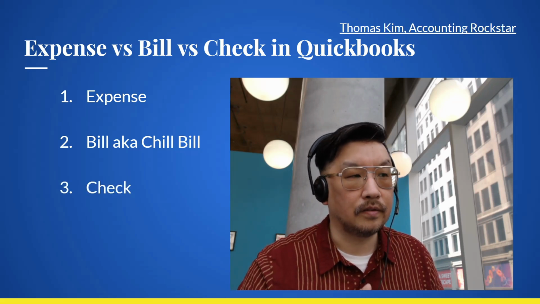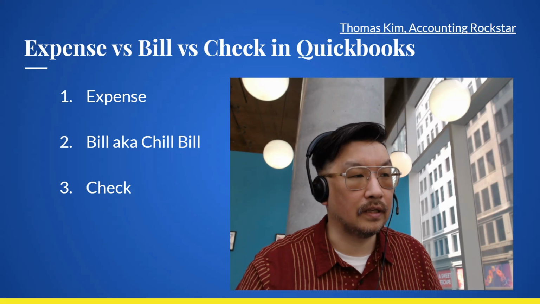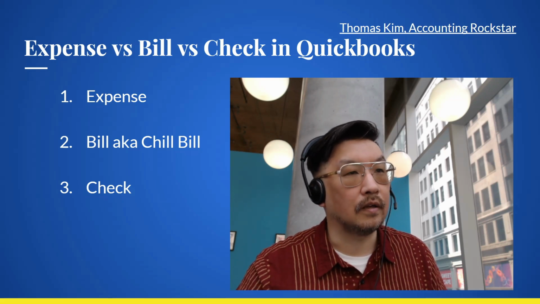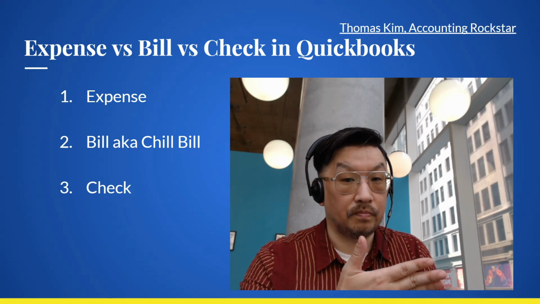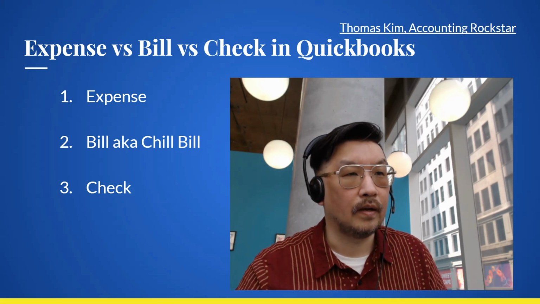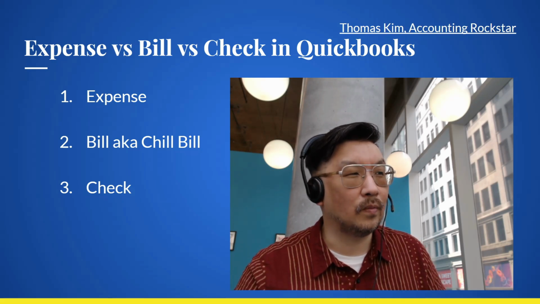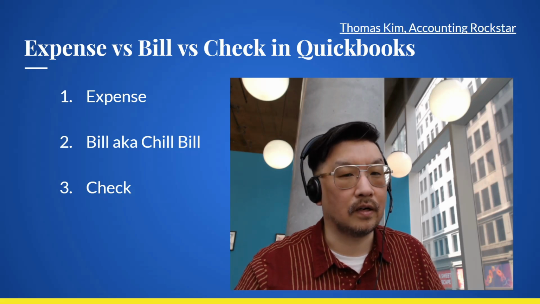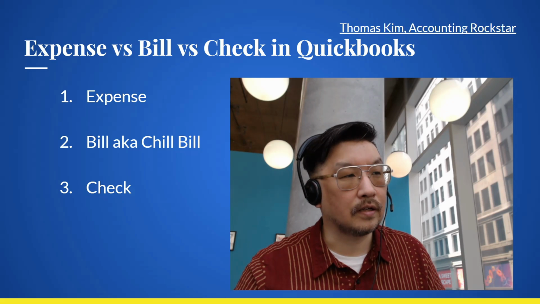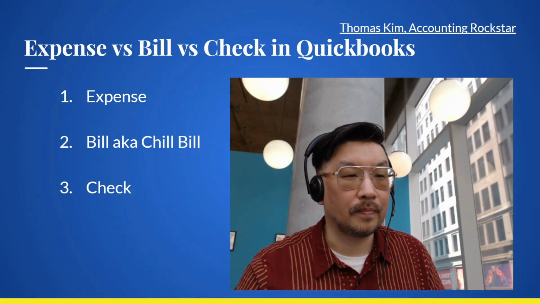A check is just what it actually is, the check from the checkbook. I don't like it when I see a set of books and they're using checks, or any of these three transaction payment methods, for something else. Like if you're using a check for a wire transfer, I get it.